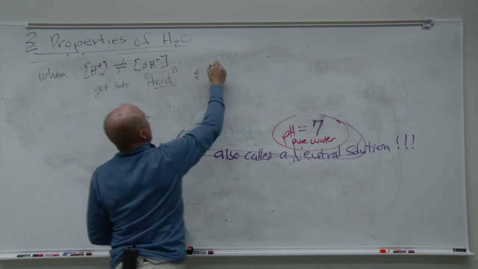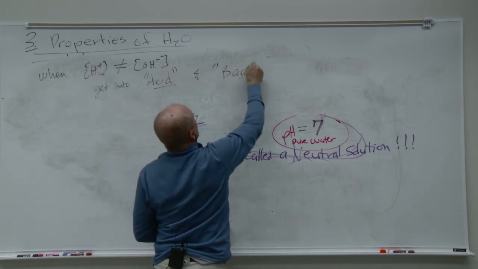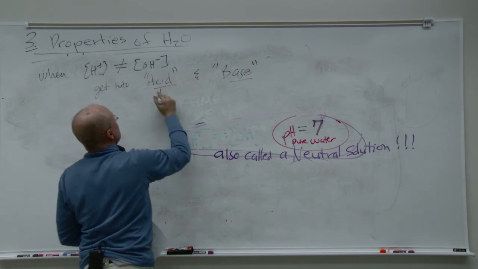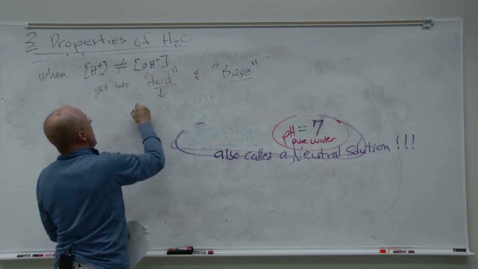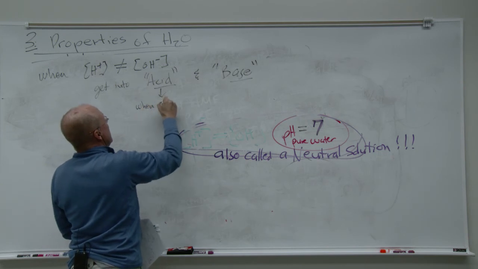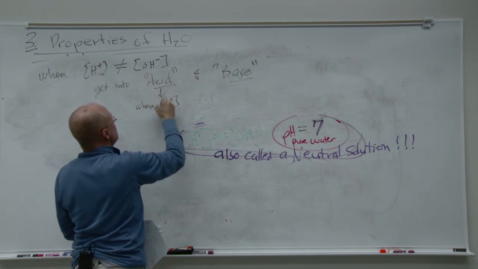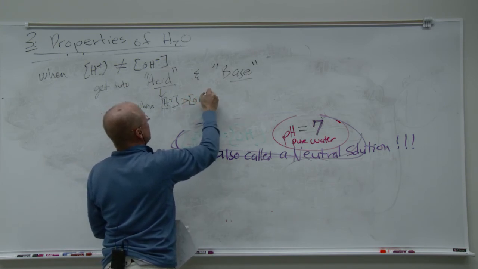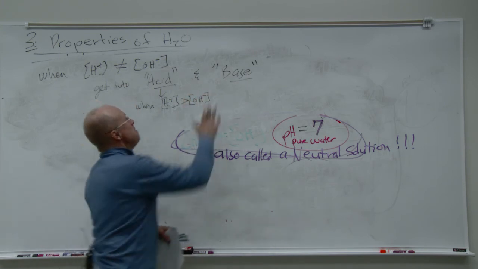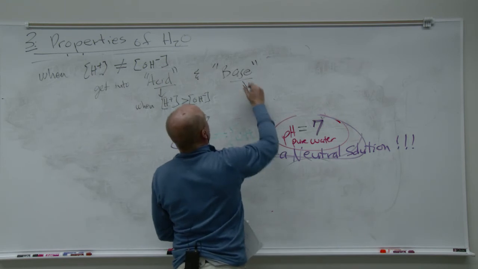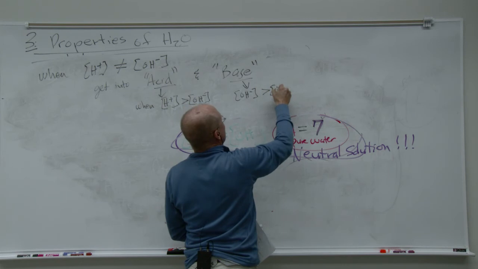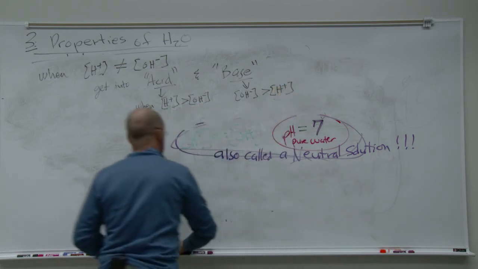Acid and base. Acid would be those solutions, I'll put this arrow like that, when H plus concentration is greater than OH minus concentration. Base is when OH minus concentration is greater than H plus concentration.